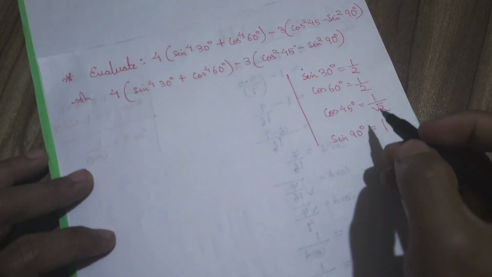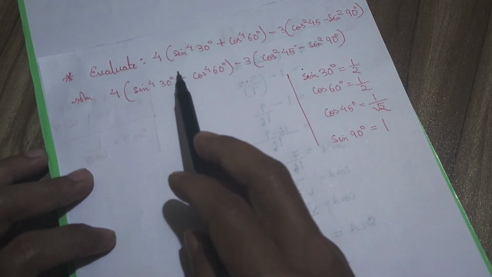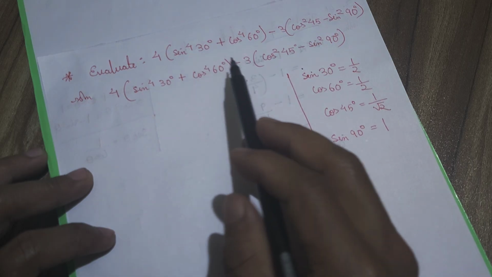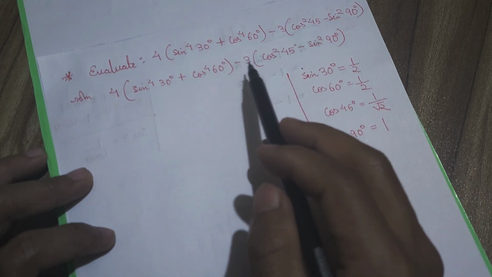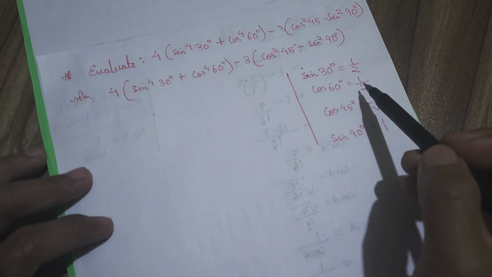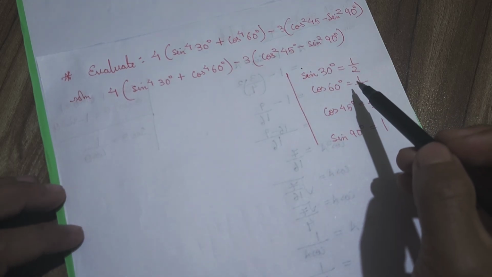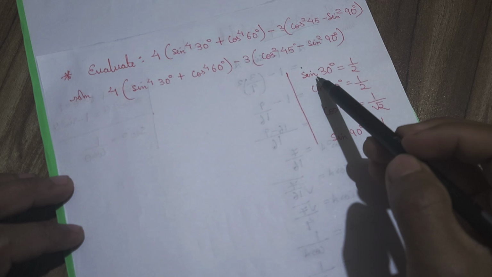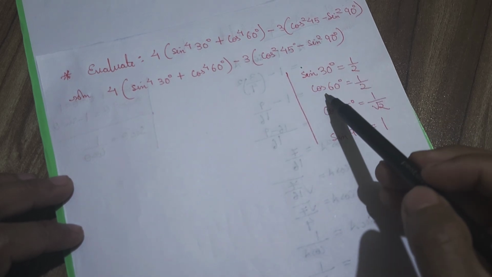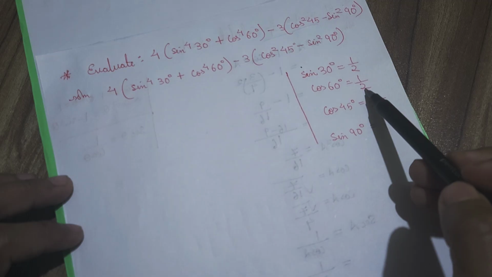Let's see the next question. Evaluate 4 sine to the power 4 30 degree plus cos to the power 4 60 degree minus 3 cos square 45 minus sine square 90 degree. So sine 30 degree, we know that it is half, and cos 60 degree is also half.